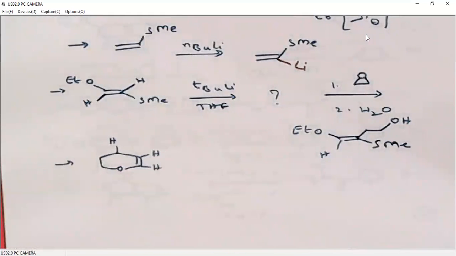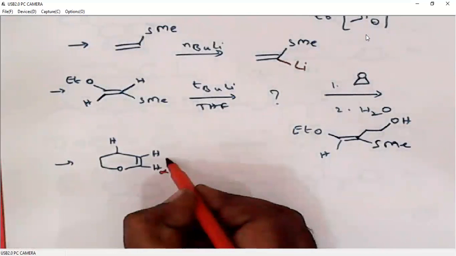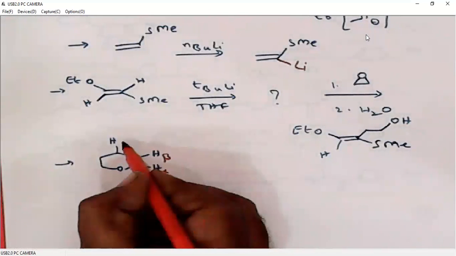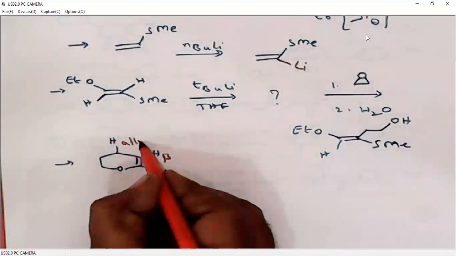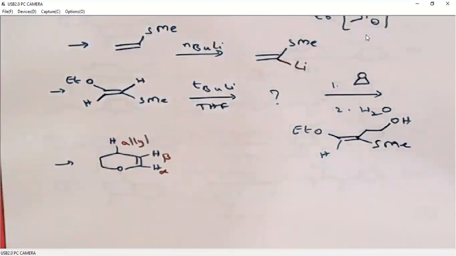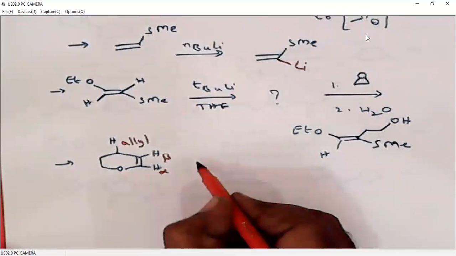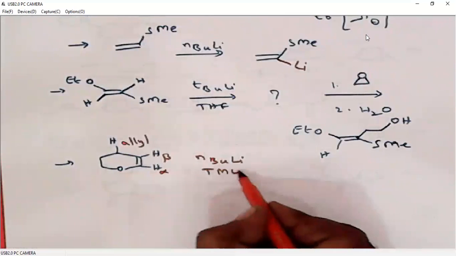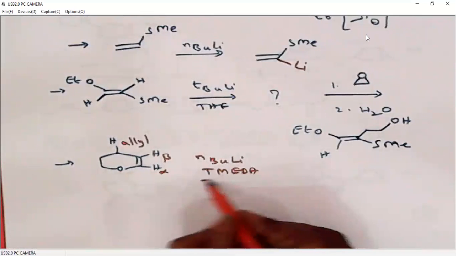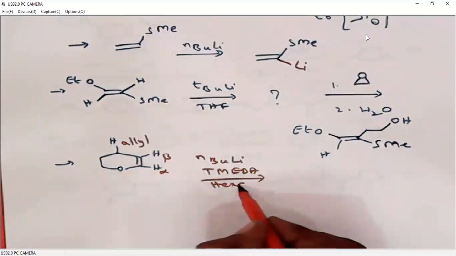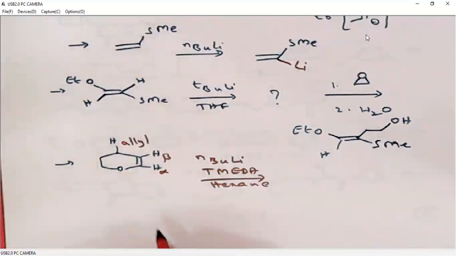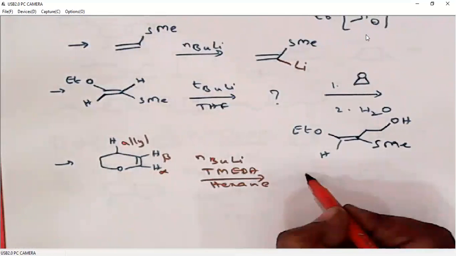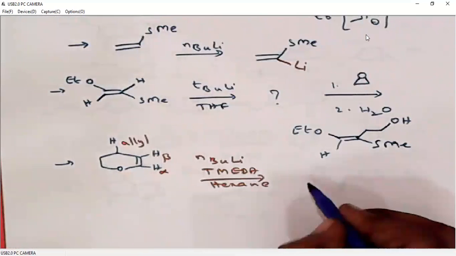In this example, we have three potential hydrogens which can be abstracted and lithiated. But only the alpha hydrogen will undergo lithiation.